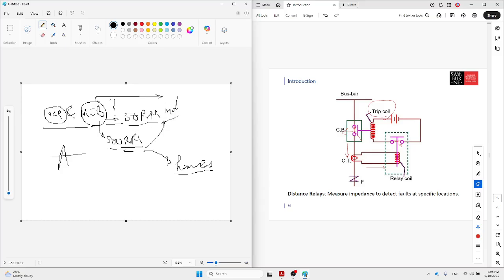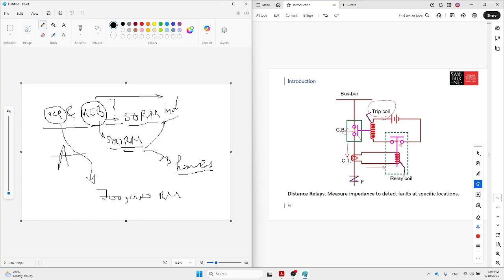It depends on the current. But for the overcurrent relay, it is around 700,000 ringgit Malaysia. So you can compare. That is only the relay, the overcurrent relay. I am not talking about the circuit breaker, CTs, trip coil, and the other parts of our protection system.